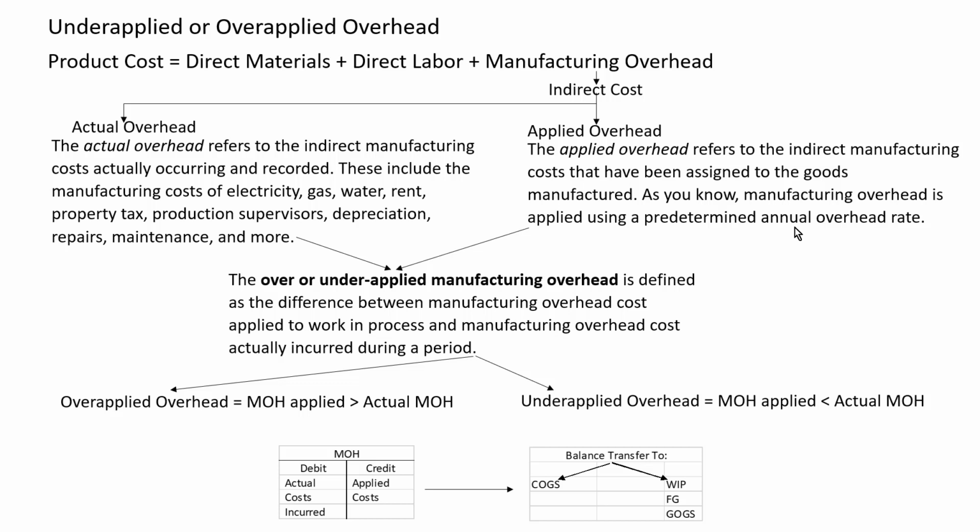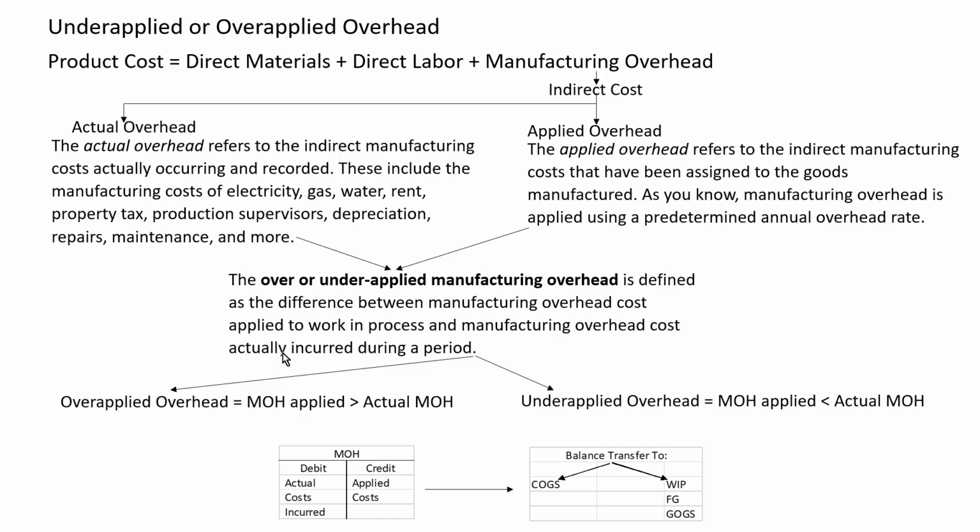The over or underapplied manufacturing overhead is defined as the difference between manufacturing overhead costs applied to work in process and manufacturing overhead costs actually incurred during the period.